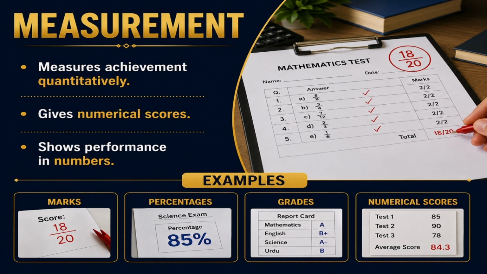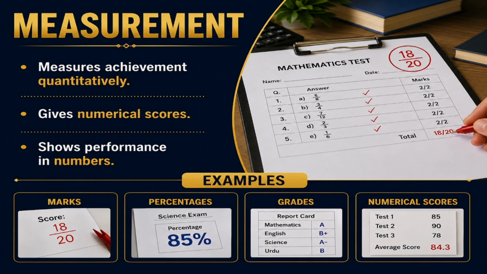Now these marks show students' performance in numbers. This process is called measurement. Simply, measurement means giving numerical scores or marks to the students' performance. It gives marks or scores, shows performance in numbers or measures achievement quantitatively. In simple words, measurement tells performance in numbers.